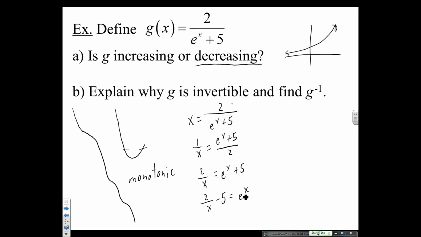And then finally, oops, that should be e to the y. To get the y by itself, we can take the natural log of both sides. So the natural log of 2 over x minus 5 equals just y, because the natural log and the e cancel each other out. So g inverse equals the natural log of 2 over x minus 5. And there we have it.